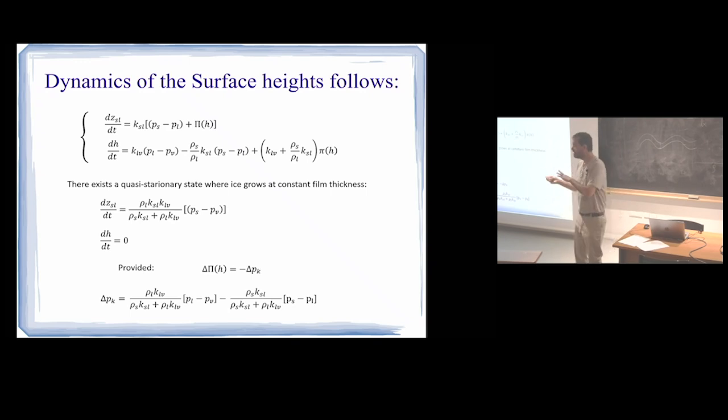Why am I doing this? I want to know whether my study of equilibrium surface fluctuations is representative of the growth of the system. So my rationale is as follows.